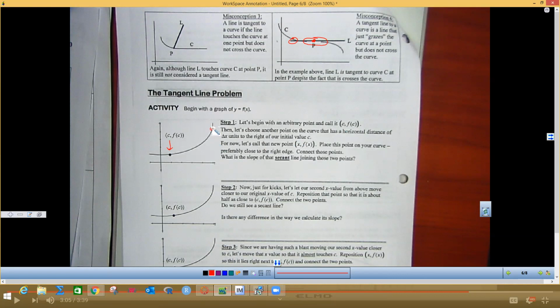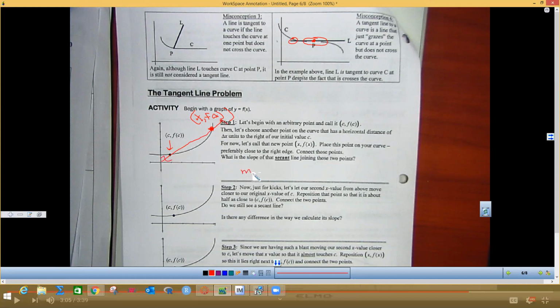So I'm going to come over here and say this point right here is going to be x and f of x. It's this point right here that I just drew in red. Place this point on your curve close to the right edge. Connect those points. What is the slope of the secant line? In other words, if I took a line and drew it straight through these two points, I want the slope of that line.